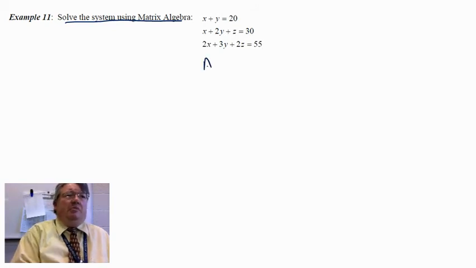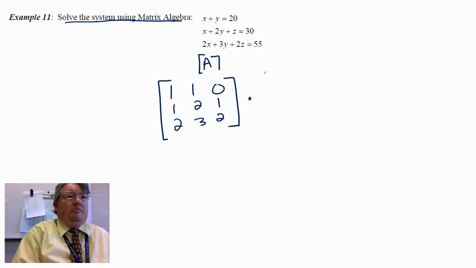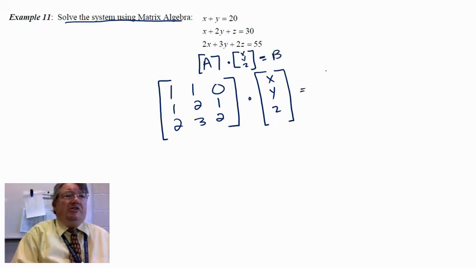This is a matrix A, where A is just the numbers 1, 1, 0, 1, 2, 1, 2, 3, 2, times another matrix X, Y, Z, and that matrix equals a third matrix, matrix B, which in this case is just the answers.